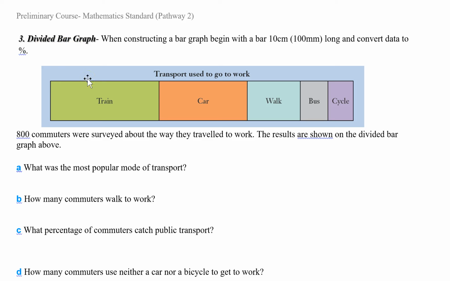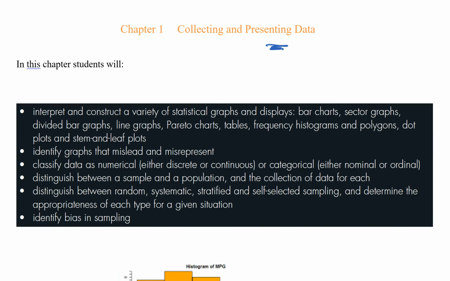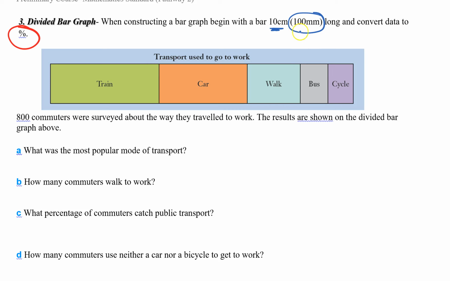I would always strongly encourage students, if you have to construct one of these, which again would be unlikely, but because it is just one bar, it's not as difficult or as complicated to construct as the other graphs, that you always make your bar 10 centimetres, and obviously you need a ruler.